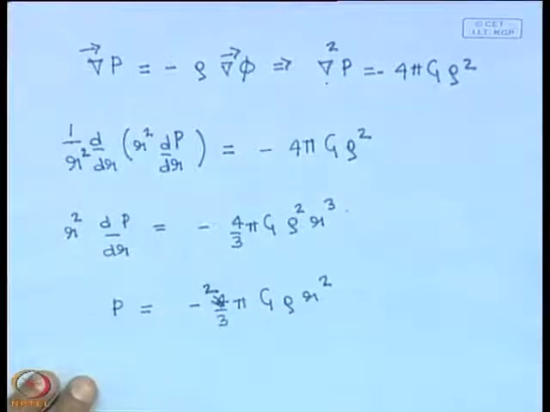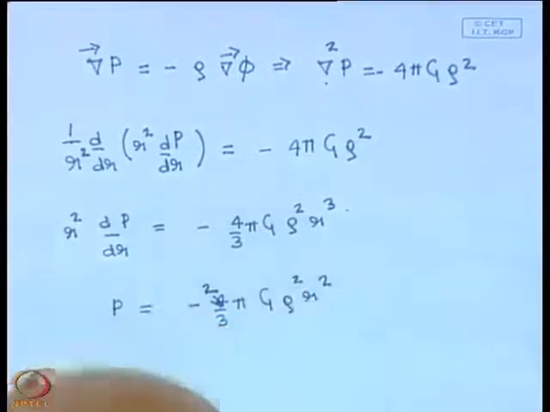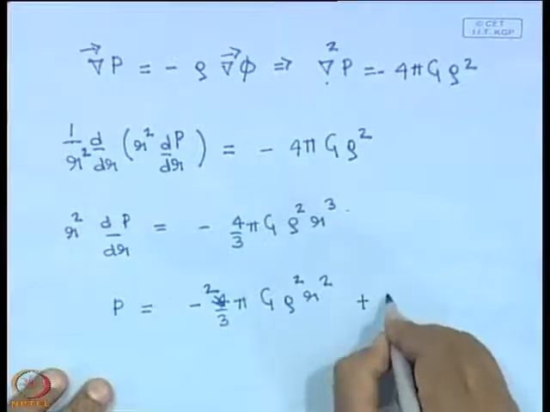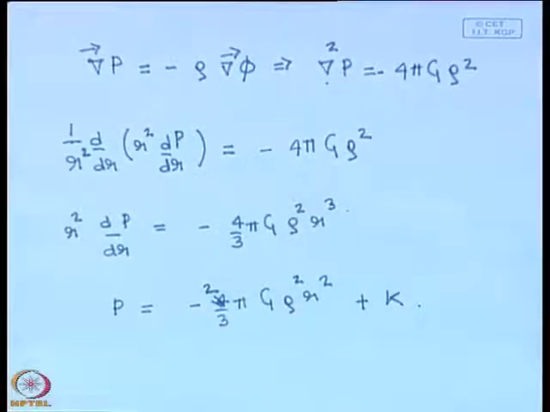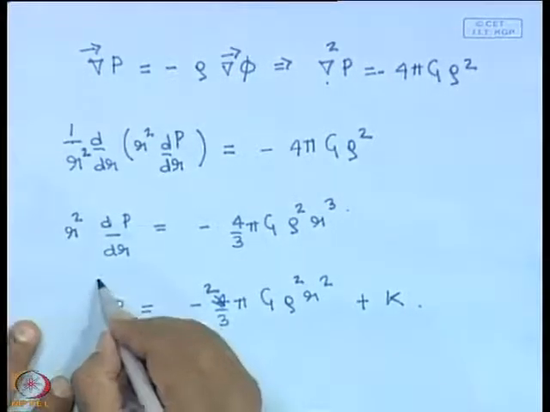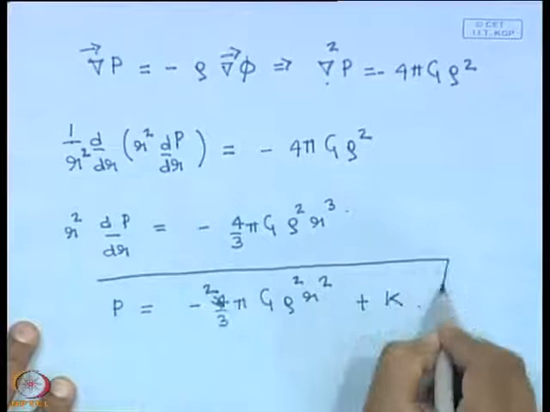So it is minus 2/3 pi g rho square r square plus a constant of integration k. That is the pressure inside the sun in this simple model.